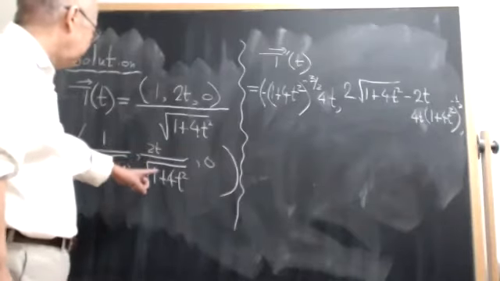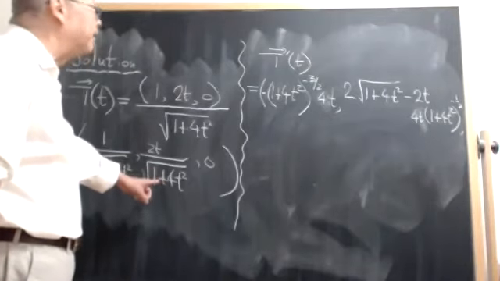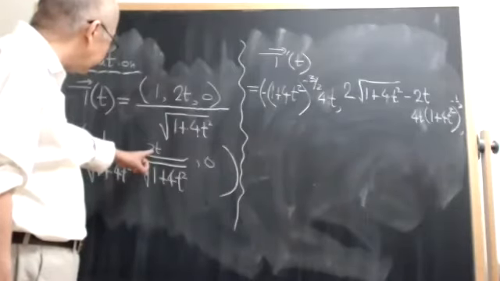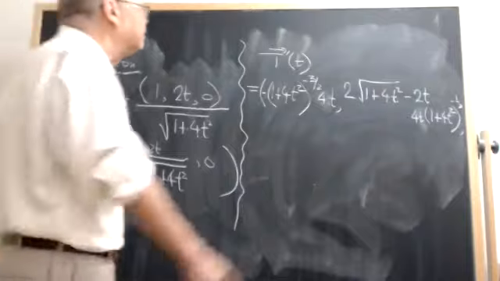So the power part, shouldn't that be -3/2? Okay, let's check it. Take the denominator, and then I differentiate the numerator, which is 2.